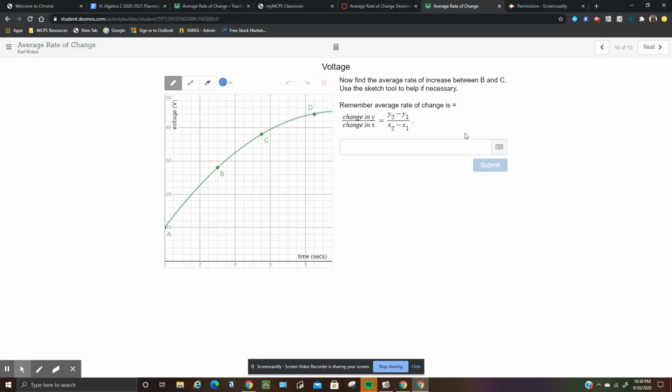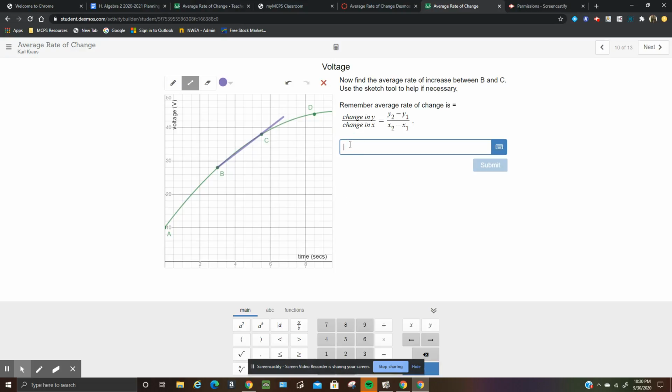And then this is the same graph. So let me use purple here. Between B and C now, find the slope of this segment here. So B is at 3, 28, like in the last slide.